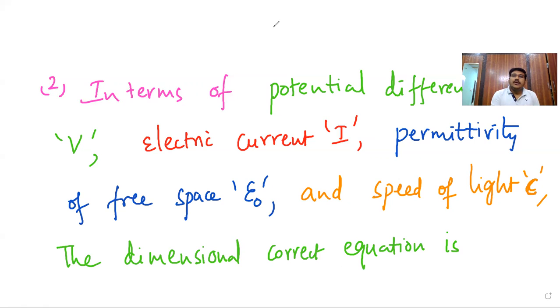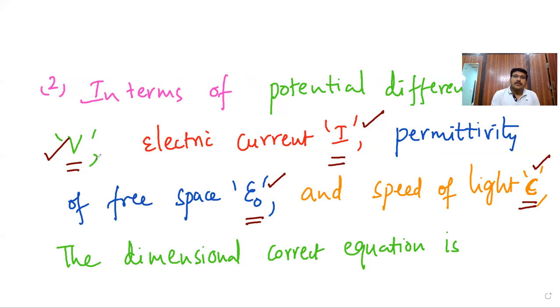Now observe carefully. He has given potential difference V, current I, permittivity of free space epsilon, and speed of light C. How many quantities are there?